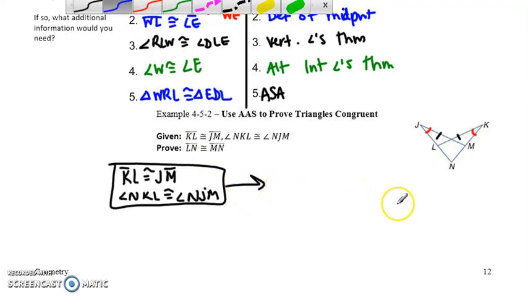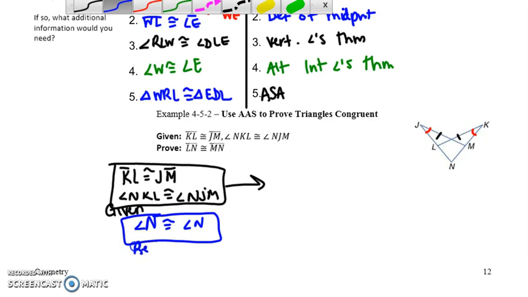Well, looking for anything that's sharing either an angle or sharing its side, it looks like angle N is congruent to angle N. We could go ahead and mark that by the reflexive property. Oh, let's put given underneath here. Given. And then this is reflexive. And it's kind of just on its own. We can pull that from the picture.